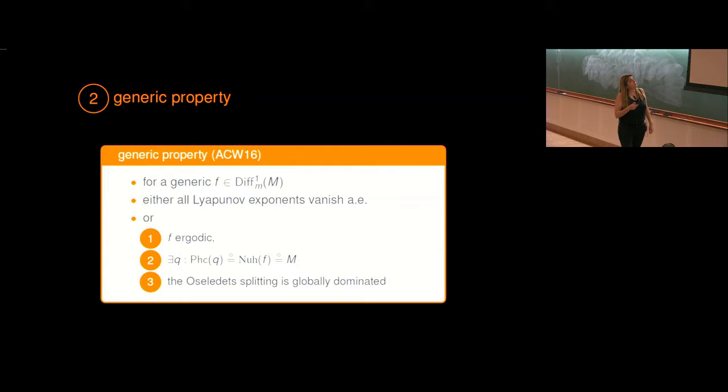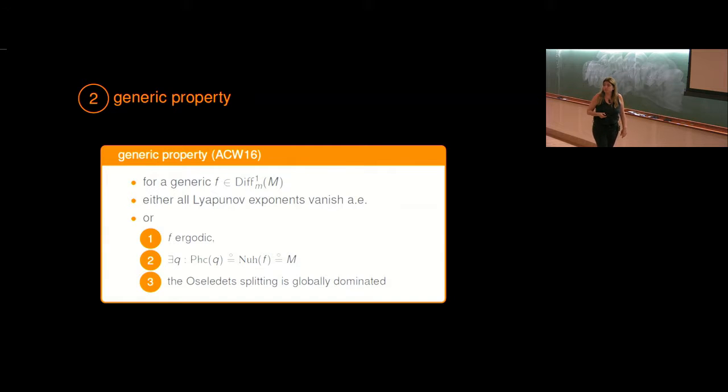And 4 years later, it was proven by Artur Ávila, Sylvain Crovisier, and Amie Wilkinson by different techniques. And what it essentially says is that you have a dichotomy, which is not as this, but it gets somewhat close. Either all Lyapunov exponents vanish or F is ergodic. There is a Q, but this Q is not our magical point, regrettably.